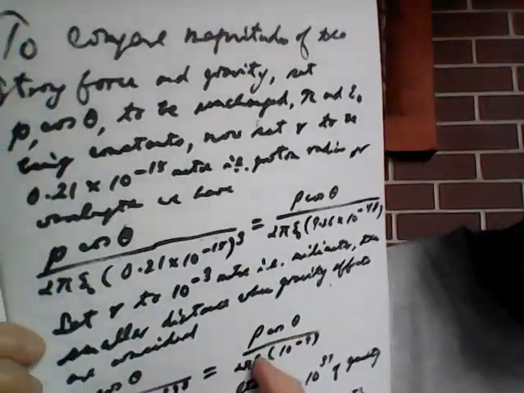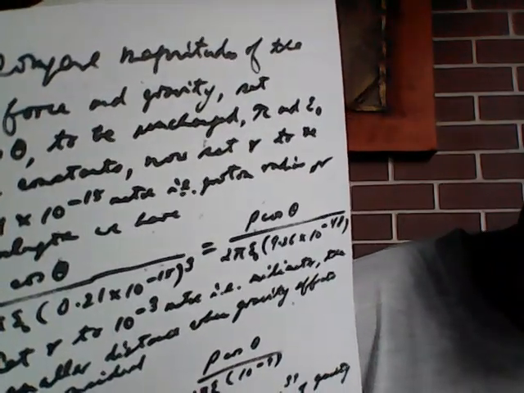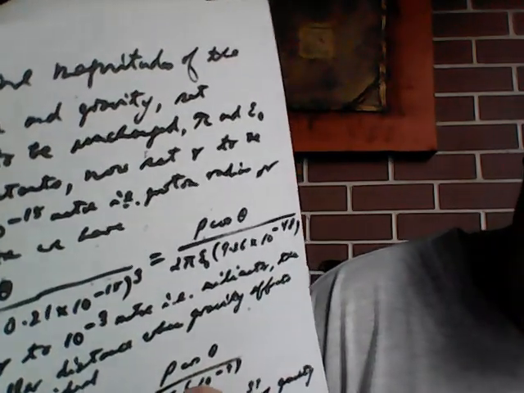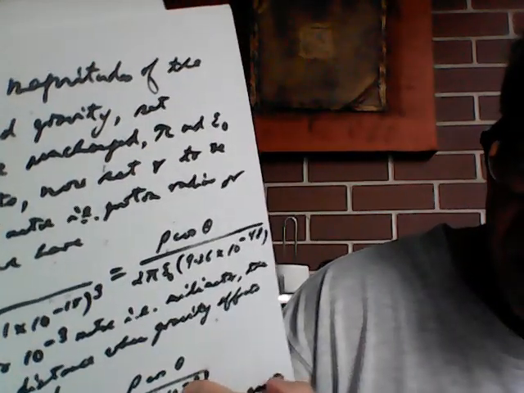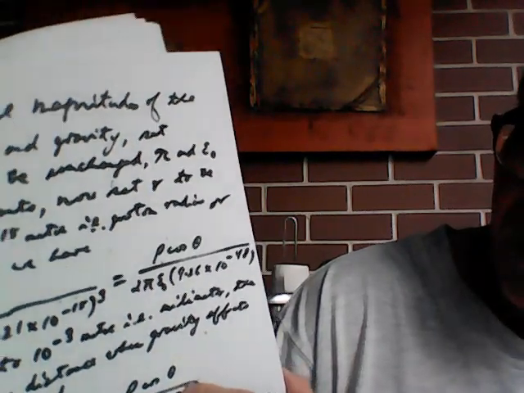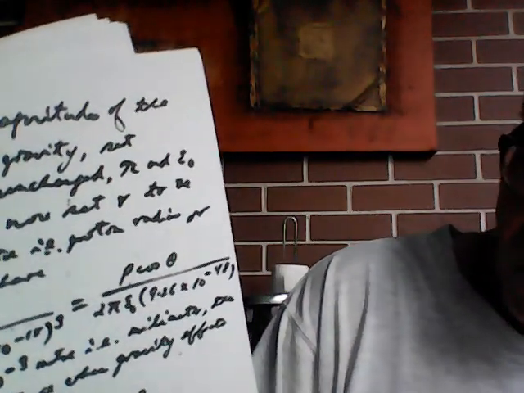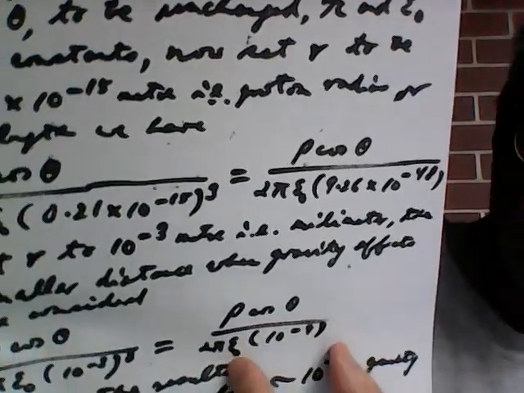So we get P cosine theta over 2 pi epsilon naught times 10 to the power minus 3, all to the power 3, which is equal to P cosine theta over 2 pi epsilon naught times 10 to the power 9. All these P cosine theta are considered to be the same, and the only difference is in distance.